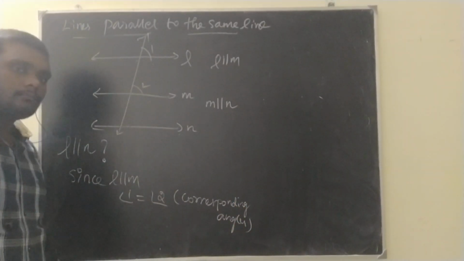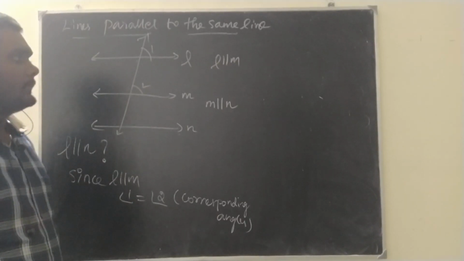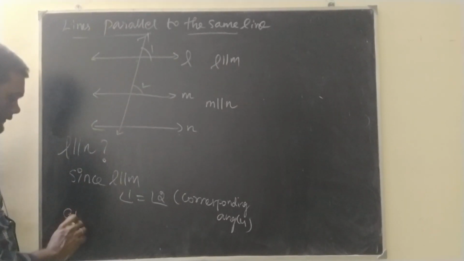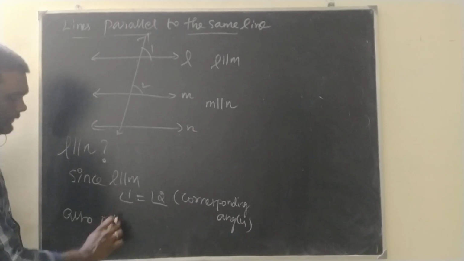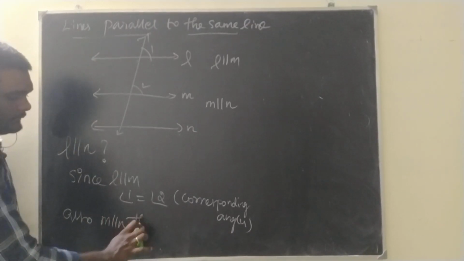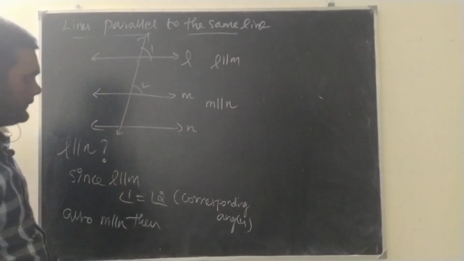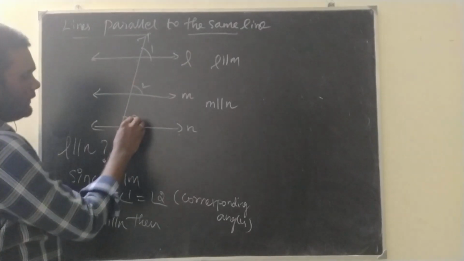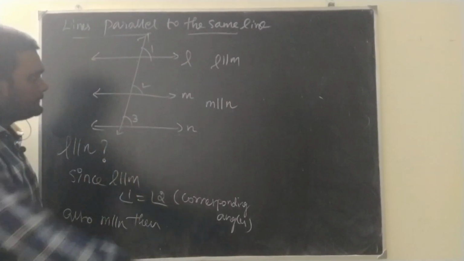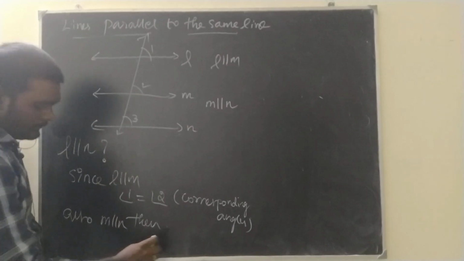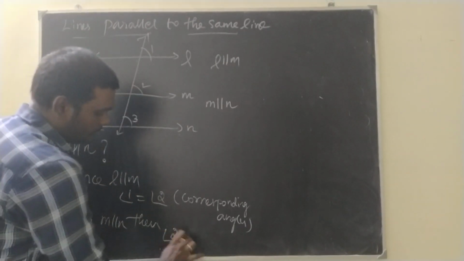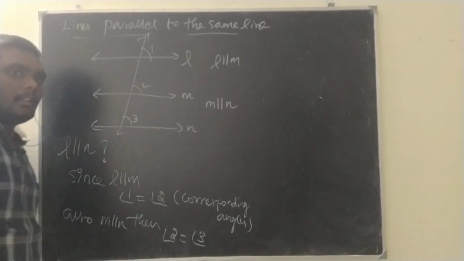Okay. The same way, we also have M parallel to N, then we can say this angle 3, which the line N makes with the transversal, is equal to angle 2.